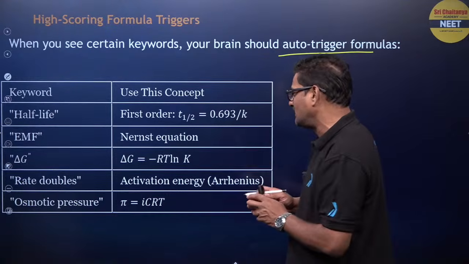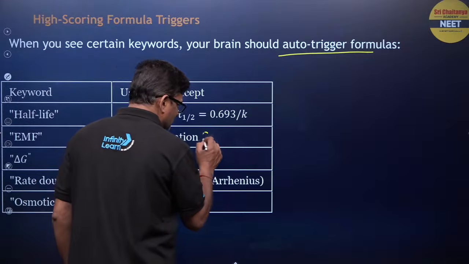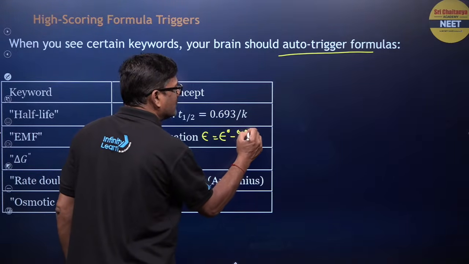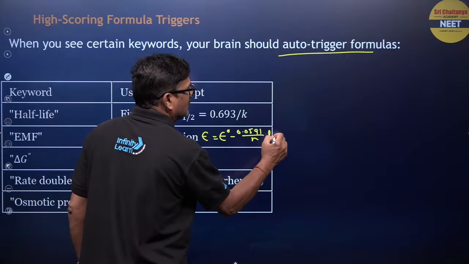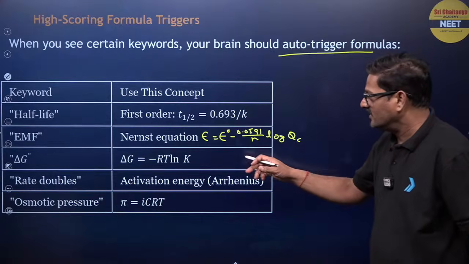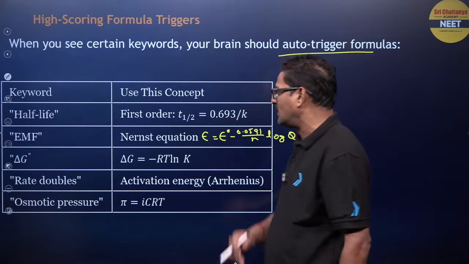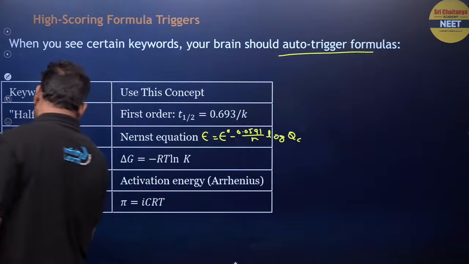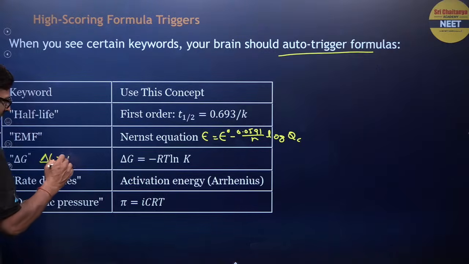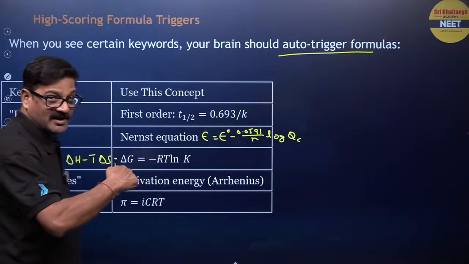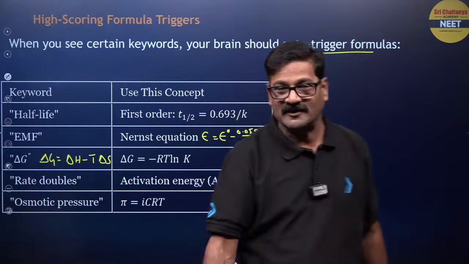EMF, Nernst equation: E cell = E naught minus 0.0591/n log Q. Similarly, delta G = minus RT ln K. And also delta G = delta H minus T delta S. You have to see whether it is in the standard state or not, beta.